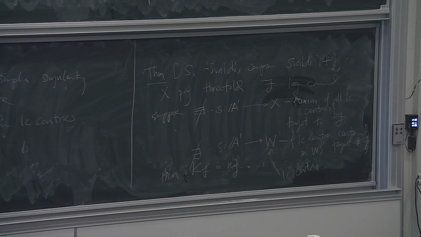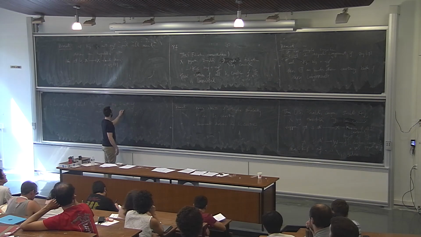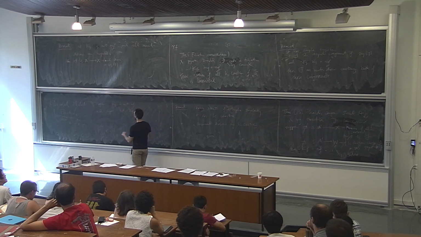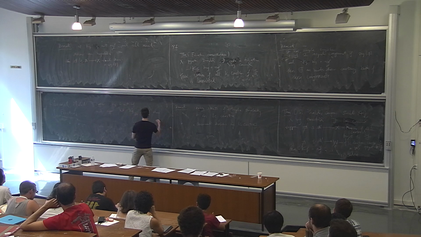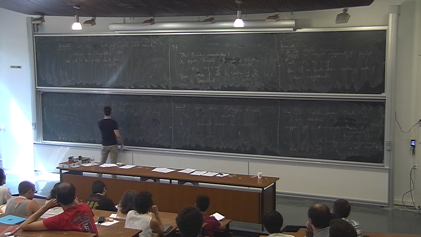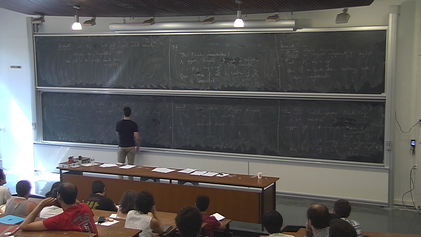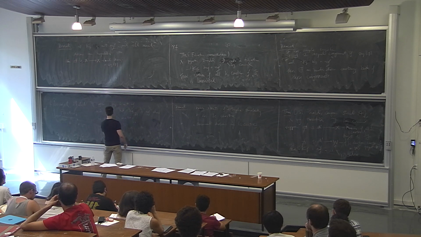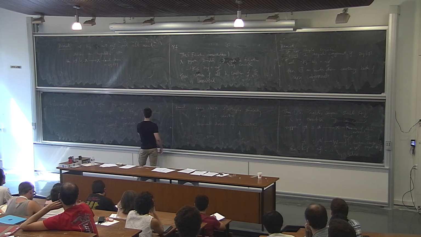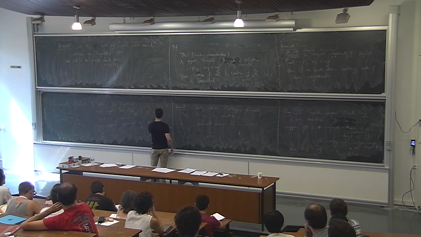So let's just suppose that minus KF, or KF, is not nef, and suppose that KF restricted to any LC center is nef. Our goal now is to produce an A1 tangent to F.